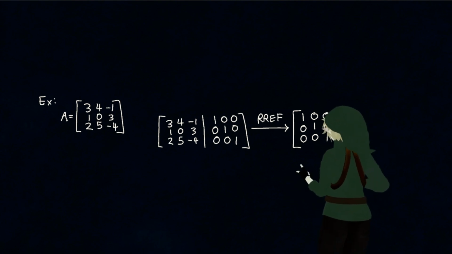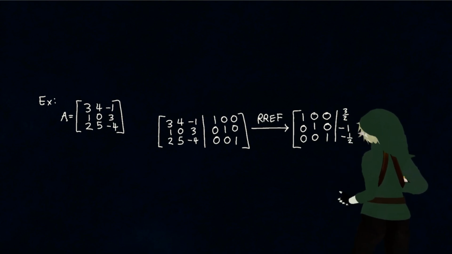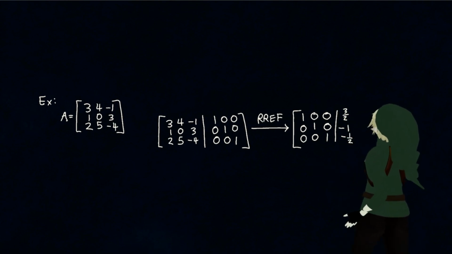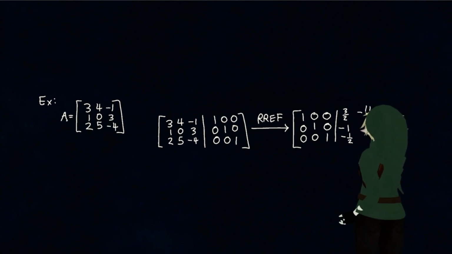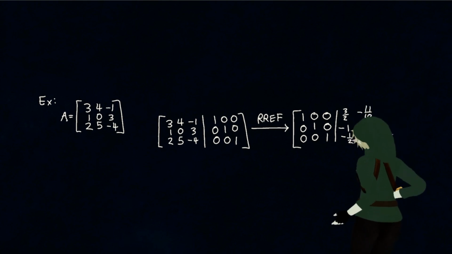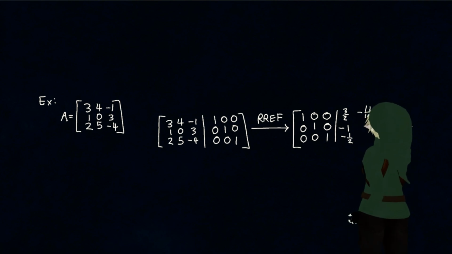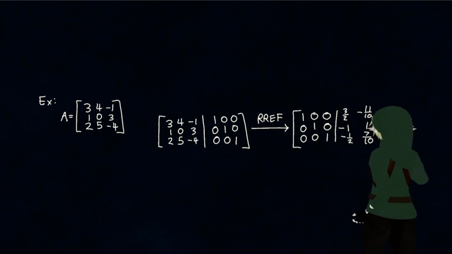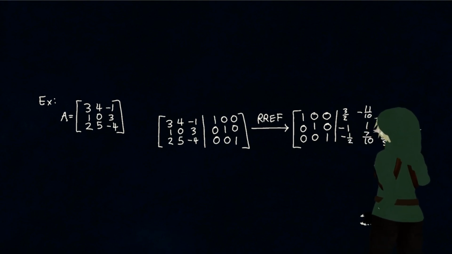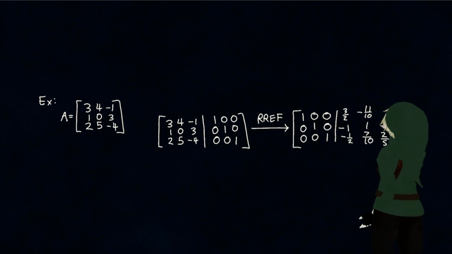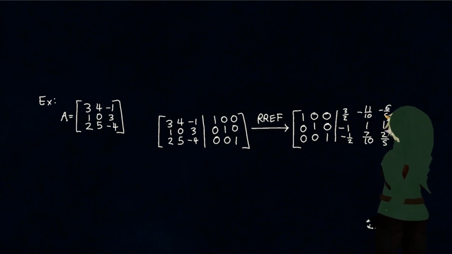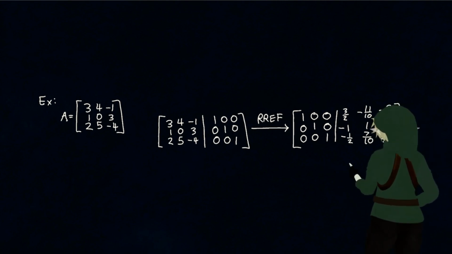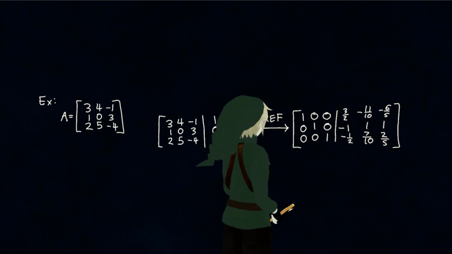Oh God, very ugly numbers. -11/10, we have 1, 7/10, I have 1 here, 2/5, -6/5. Okay, a little nasty, but that's okay.